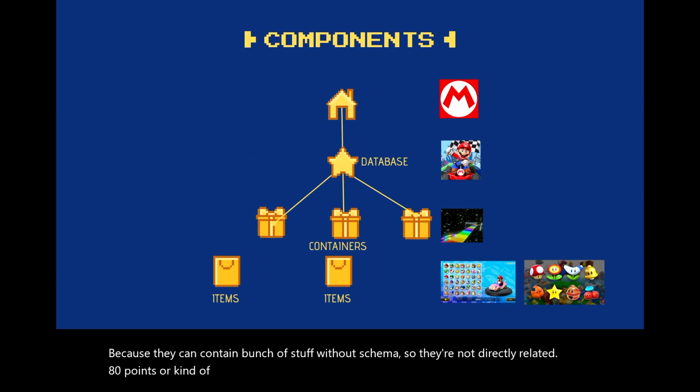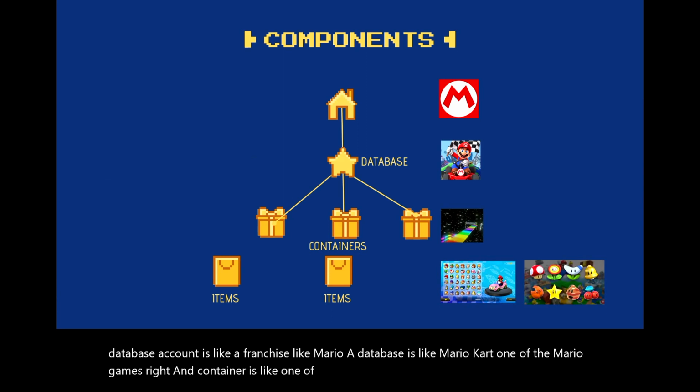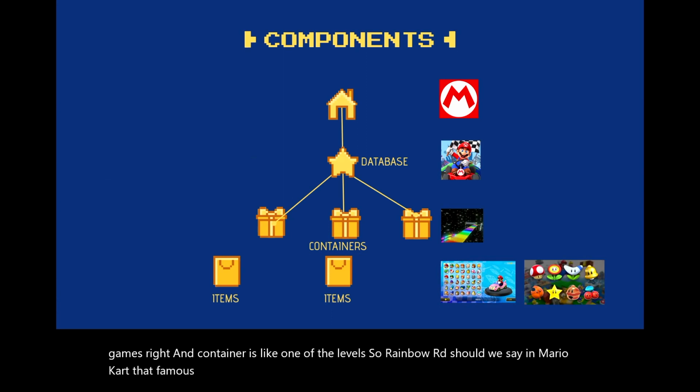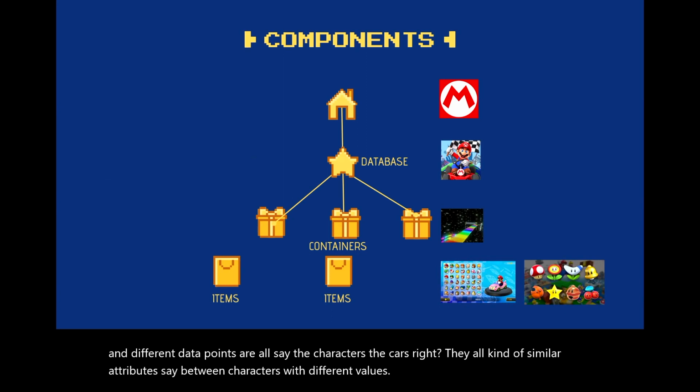A good analogy, the game world, right, is that a database account is like a franchise, like Mario. A database is like Mario Kart, one of the Mario games, right? And a container is like one of the levels. So Rainbow Road, should we say, in Mario Kart, that famous level, and all the different items inside can have different structures and different data points, say, the characters, the cars, right? They all have similar attributes, say, between characters with different values, and similar attributes for cars with different values.